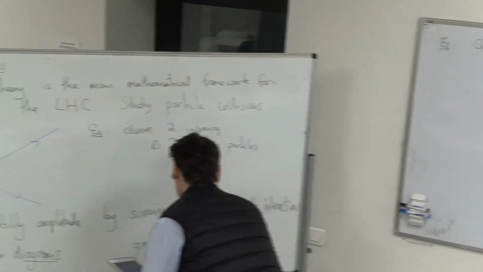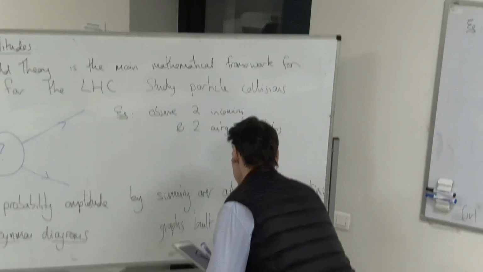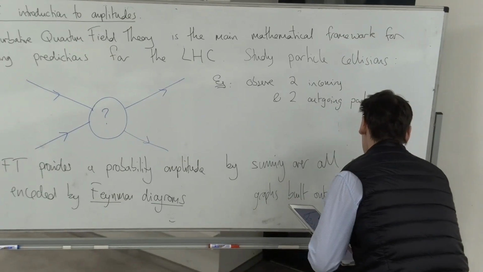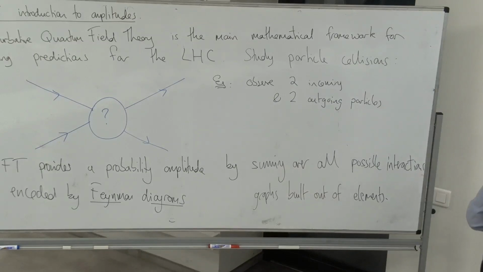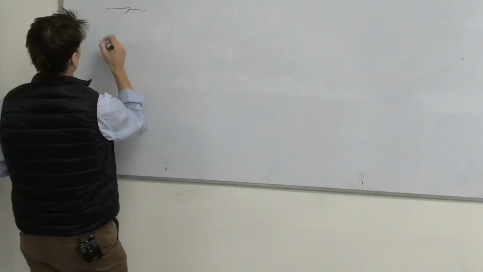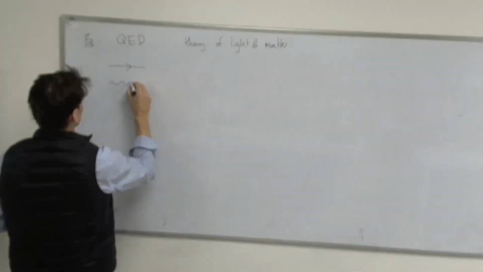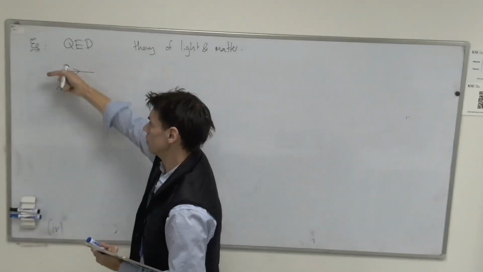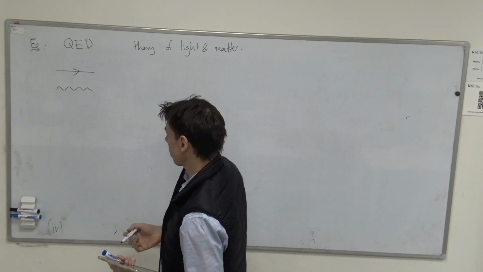built out of certain graph elements. So the graph elements here will be a directed edge depicting an electron going from left to right, or a positron going from right to left. It's the same.